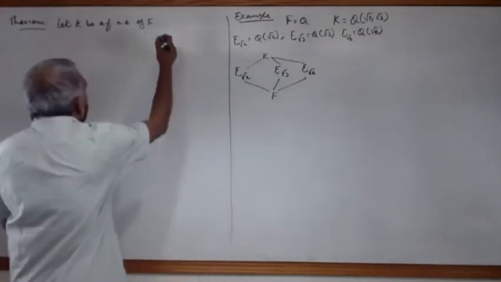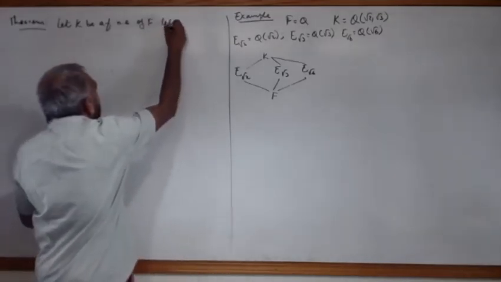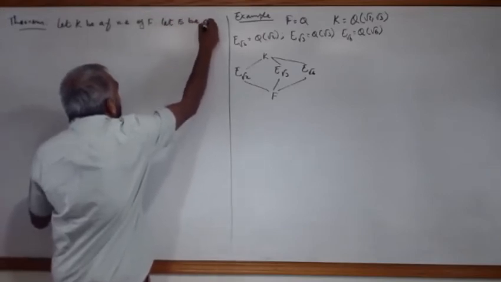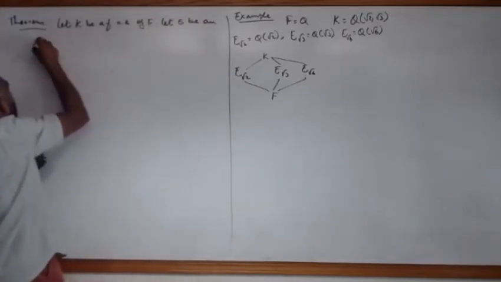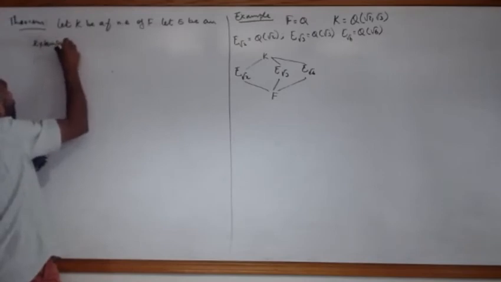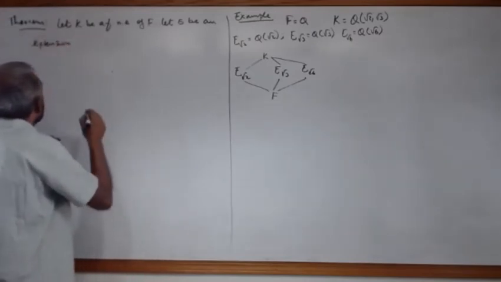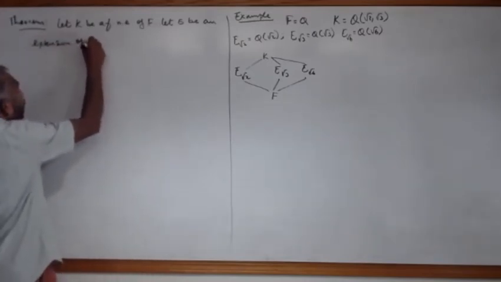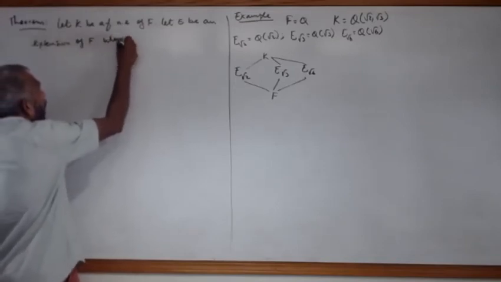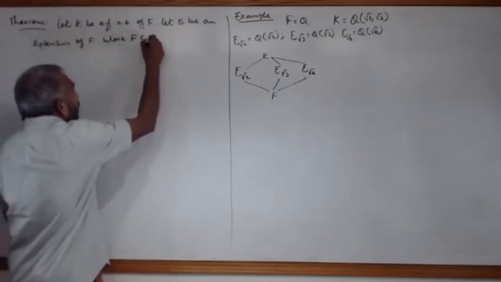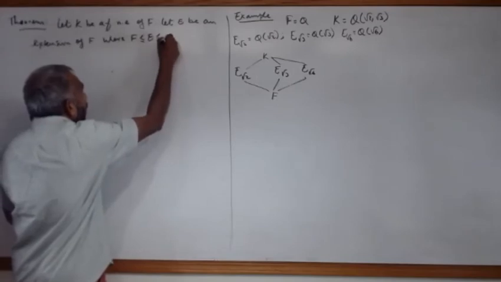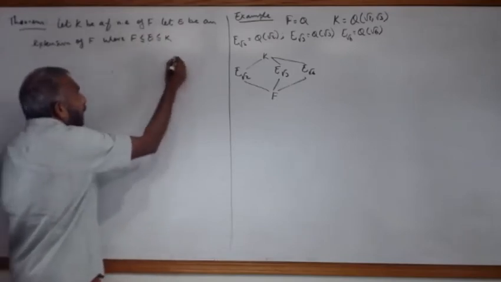So we are going to write here, let E be an extension of F where F is a subfield of E, this is a subfield of K. This E could be any of these.